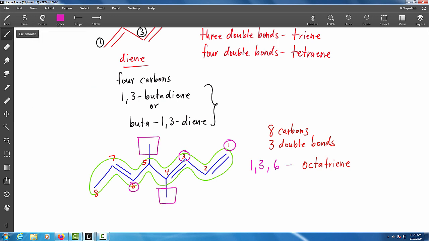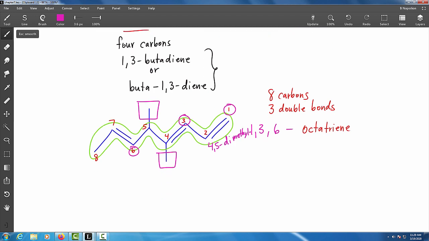Okay, now we want to look at the substituents, and I see I have a methyl here and a methyl there. So it's going to be 4,5-dimethyl-1,3,6-octatriene.